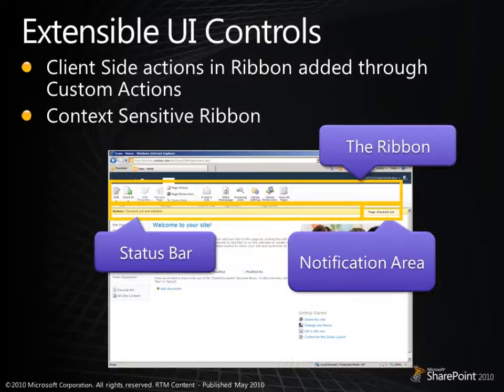SharePoint user interface has been dramatically changed from the previous version, as we mentioned a few slides ago. The most visible change within the UI is the usage of ribbon to provide different functionalities available. As the developer, we can also further extend the ribbon functionalities by providing additional controls like buttons using custom actions.